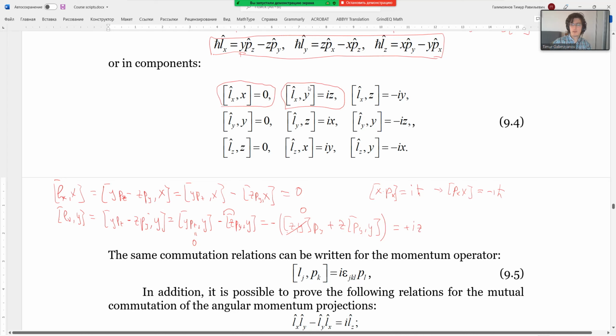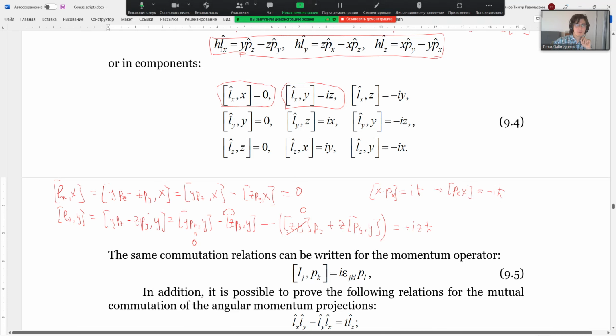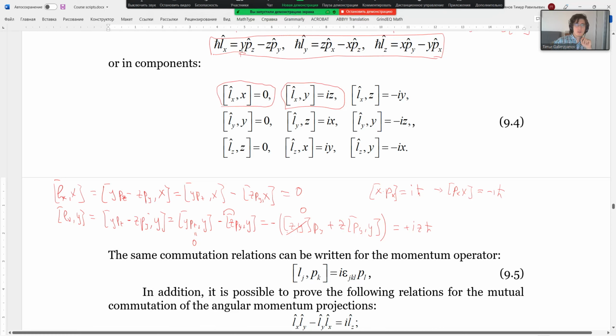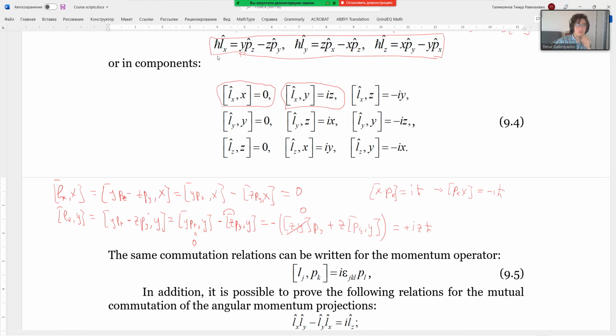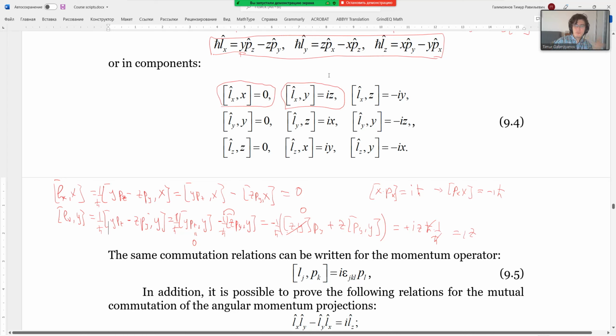And so we get plus iz h. And the last thing, I forgot that there is h bar behind Lx, so Lx equals y pz minus z py divided by h bar, and that means I should divide it here by h bar, and I get iz.